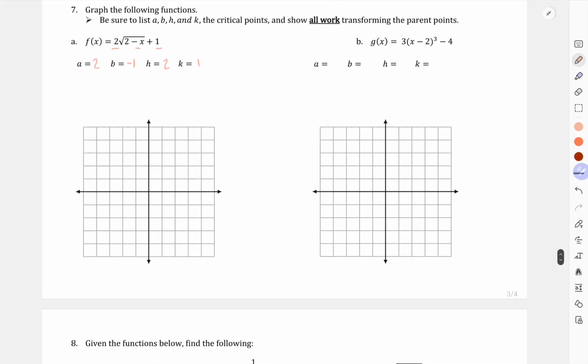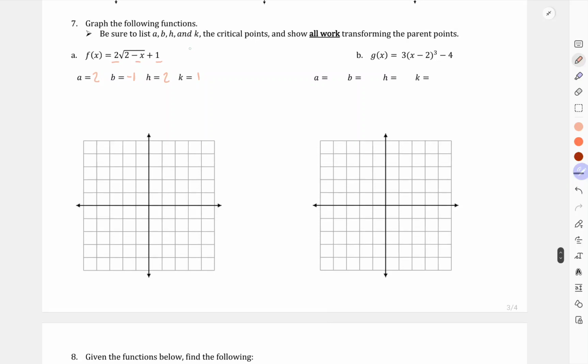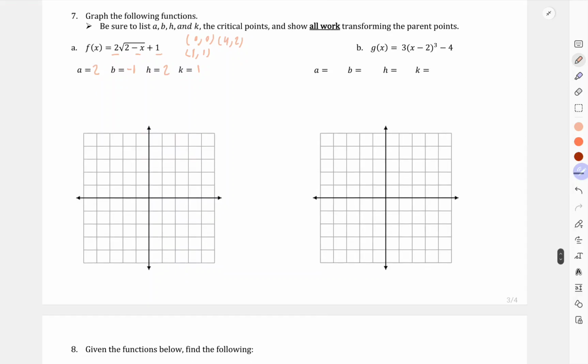So with this, we need to also write our parent points so we know how the default graph looks like. 0, 0, right? And the proper way to solve this is actually to write a table and plug in a table of values and do all of that. Well, I'm not well versed in that method, so I would rather use the transformation formula, which is as follows.